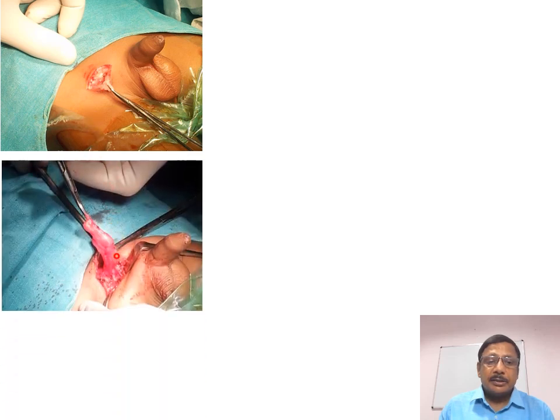And this is the transverse incision which you can see has been made, and the testis has been taken out. Now this testis along with the spermatic cord will be dissected and skeletonized, and the processus vaginalis will be dissected out from the spermatic cord and ligated at the deep ring.